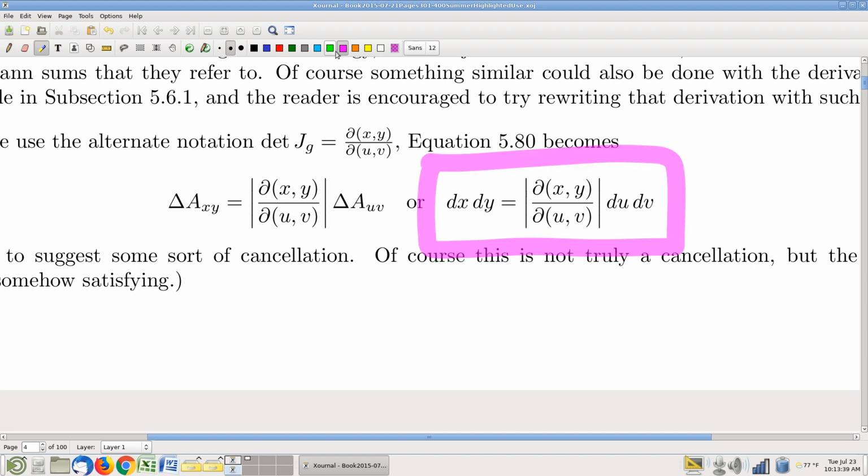Notice, and again, the hair stands up on the back of my head when I do this, but it's almost like those cancel. Of course, whoa, this is not a fraction. You can't just, that does not make sense. That's not legal. Oh my gosh. But it's somehow really satisfying that what looks kind of plausible is actually true. So that's nice.